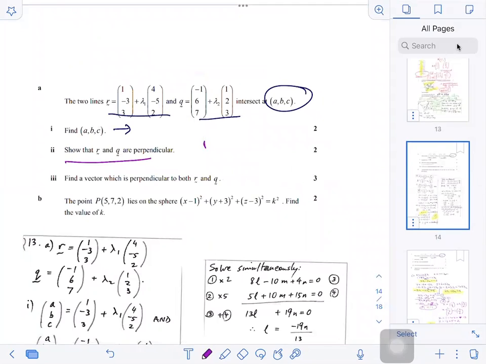Okay, so when you're looking at the second part, if you want to show that it's perpendicular, because they're equations of lines, what you have to do is show that their directional vectors have dot product 0. So the directional vectors are this one and this one.